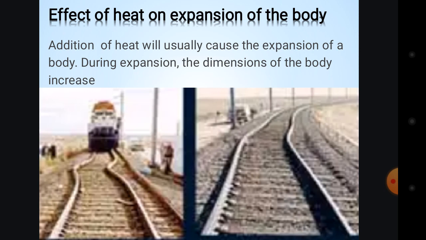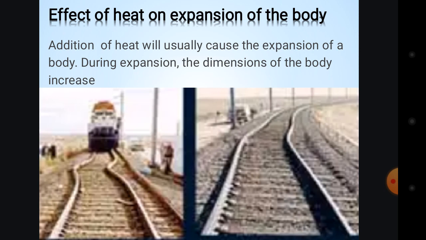If there is no heat, it will not expand. It is due to that heat coming from the train that the body increases in size. You see that the second one also is trying to bend. So this is the effect of heat on expansion of the body.